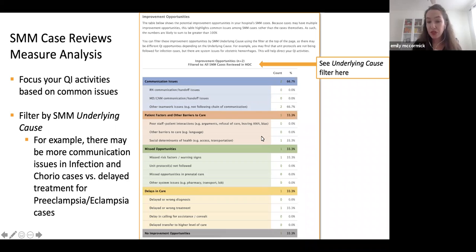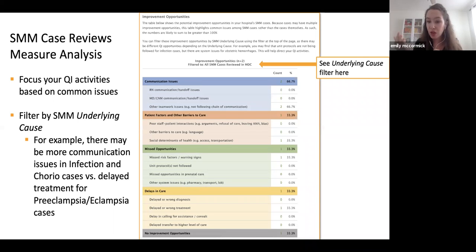You can also filter by underlying cause, because we know that sometimes the opportunities for improvement differ between types of case. So for example, you might have more communication issues in your infection and chorio cases, but really a delay in treatment is the root of the issues in the preeclampsia or eclampsia cases.